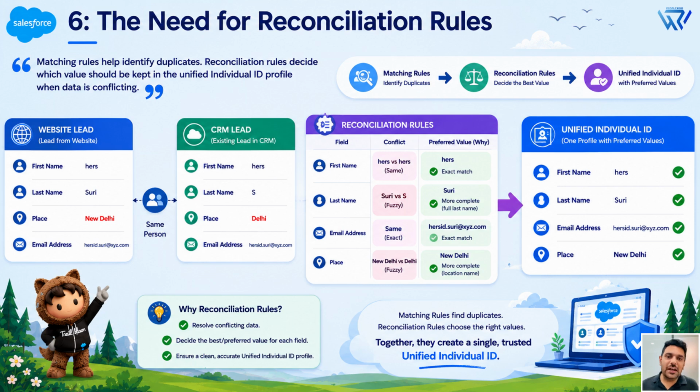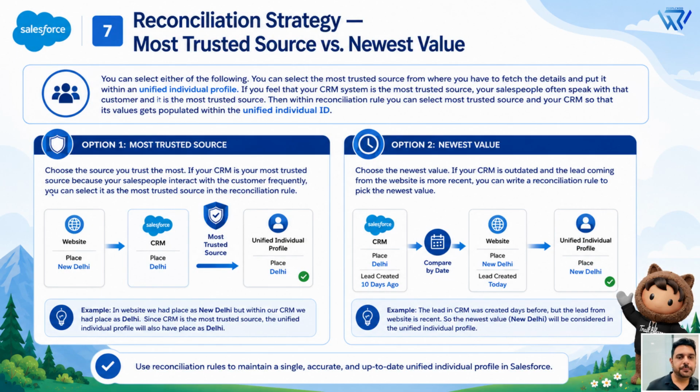So, which value out of those matched duplicate records should be considered within our unified individual ID profile? You can write reconciliation rules, which help you get the preferred value within your unified individual ID.